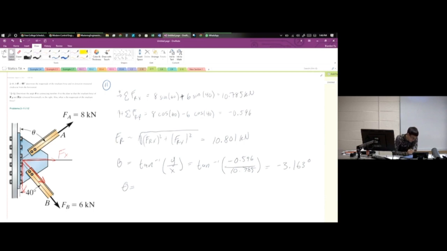If I want to do tangent of that angle, I'm going to have to move it this way, so this angle is going downwards. It wouldn't really make sense to measure it from a clockwise direction because, actually it would. It would make sense to measure it from a clockwise direction. So you can say that this should be positive 3.163.